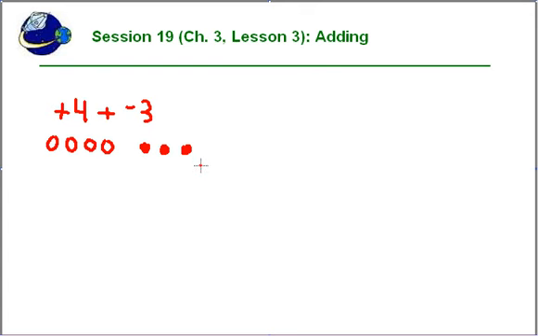Now remember, when the antiparticles interact with an equal number of particles, they cancel each other out completely. So what happens when you take 4 and you combine it with a minus 3? These 3 antiparticles will come over here and wipe out these 3 particles, and these 3 particles will wipe out these 3 antiparticles.